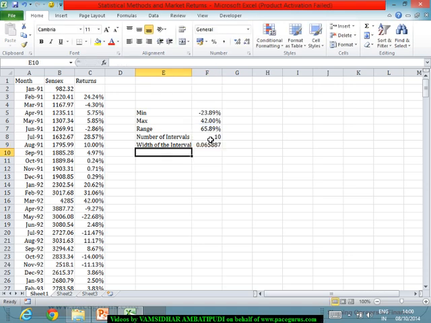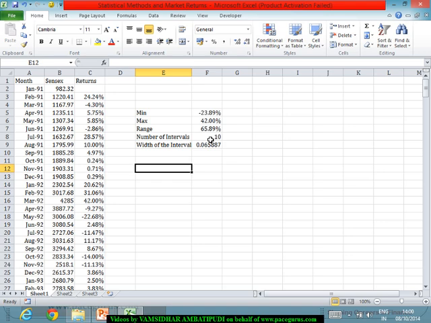So 0.065 is the typical width of the interval. I could have very well rounded it up to the nearest 2 digits, or I can continue with it. There is no hard and fast rule.